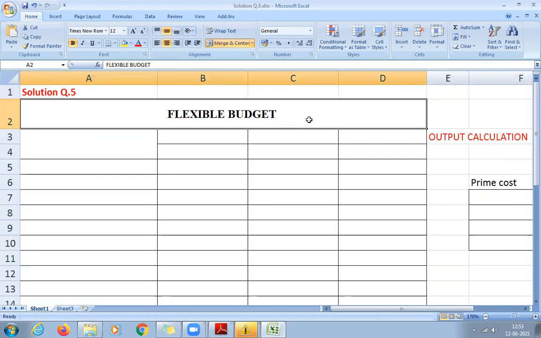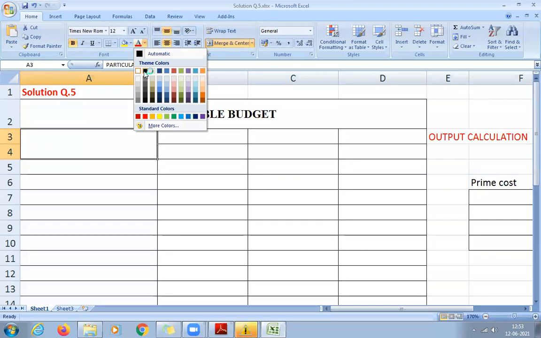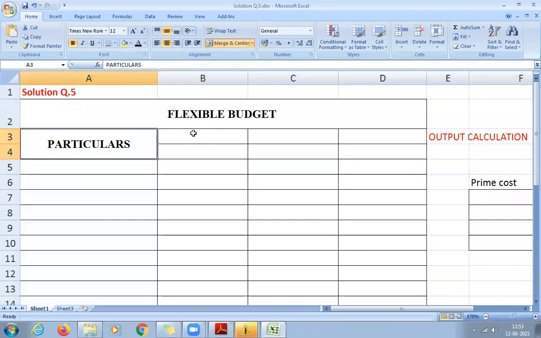So flexible budget, write down the particulars. We have to calculate for 80%, 90% and 100%. And we know only for 80%, it is 8 lakhs.